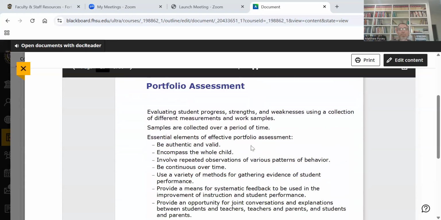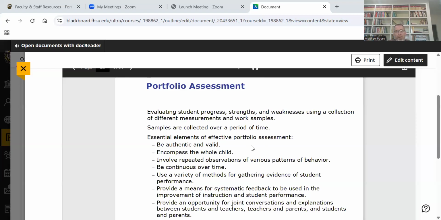Portfolio assessment is another method of informal assessment you could use. It's just evaluating student progress, strengths, and weaknesses over time using work samples, and you just compile that. Those are good, especially when you have parent-teacher conferences coming up or open house.